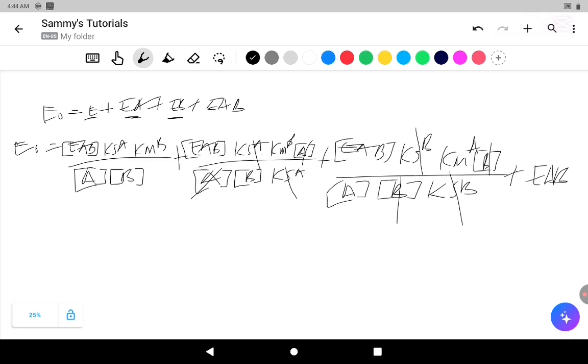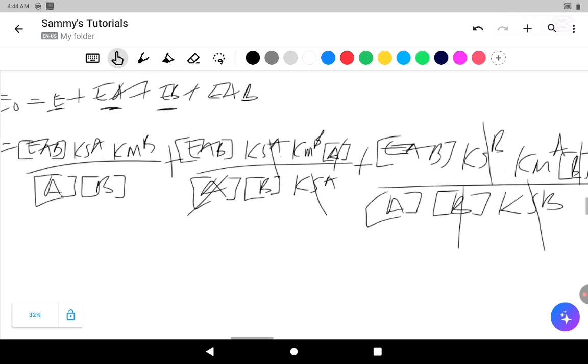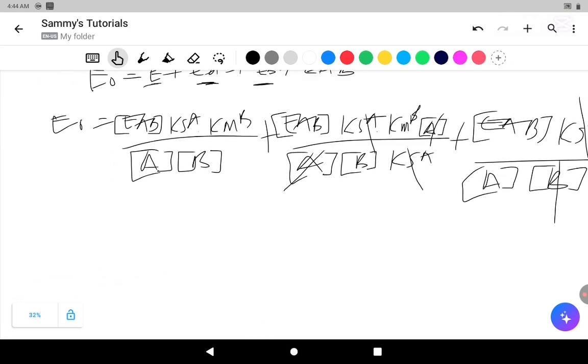Right, so now let's write our new equation in this form. So the first one, this one remains the same, right?